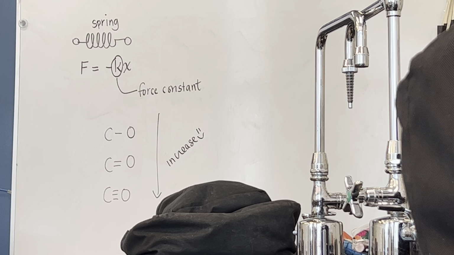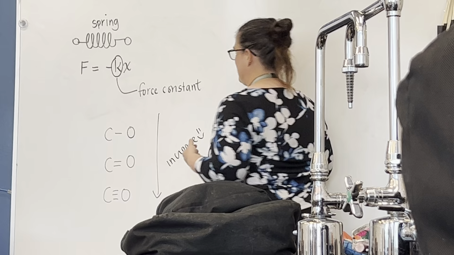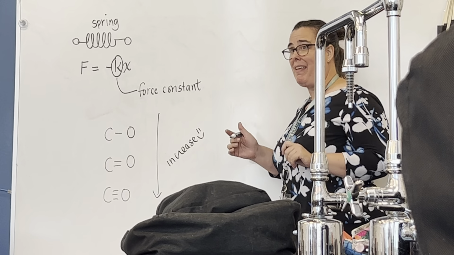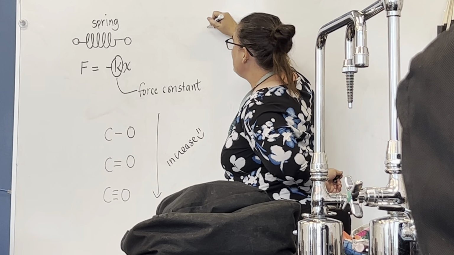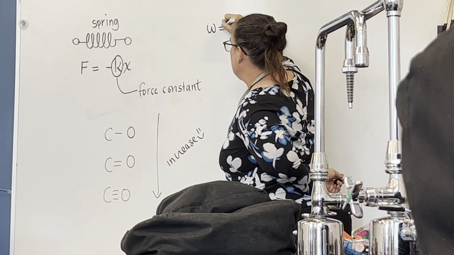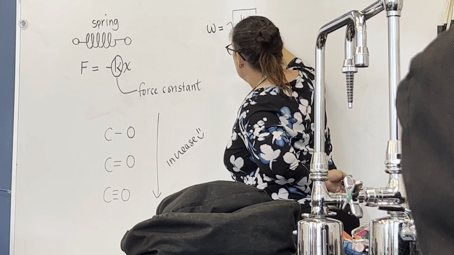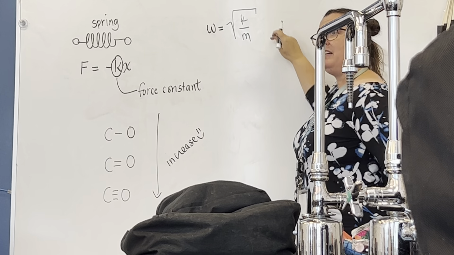Generally, we're only going to see really strong differences as we change a bond from single to double to triple. But there's another formula that I know about springs that I don't think you need to know, but I'm going to write it down because that's how we play. It says that there is an oscillating frequency of a spring, and it is given by a ratio of that force constant to the mass.